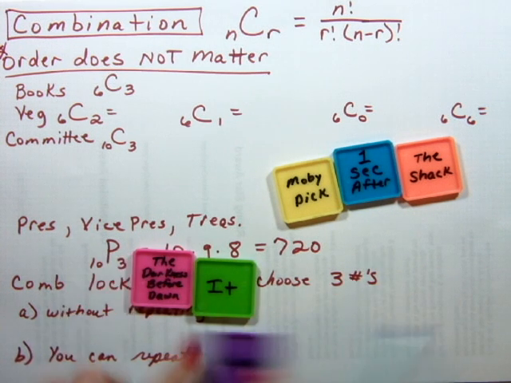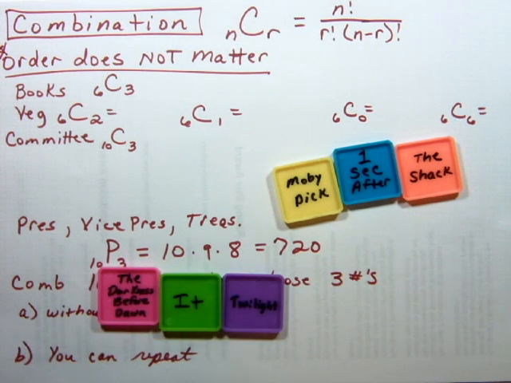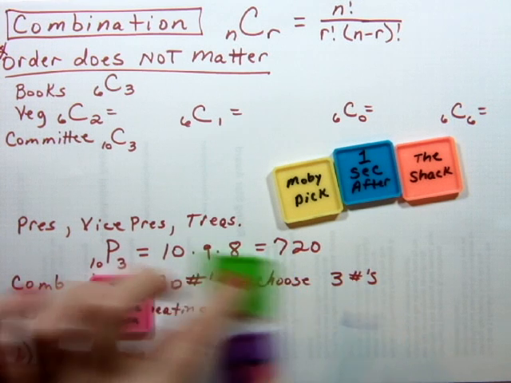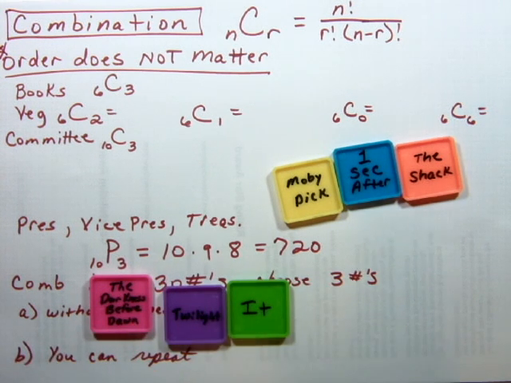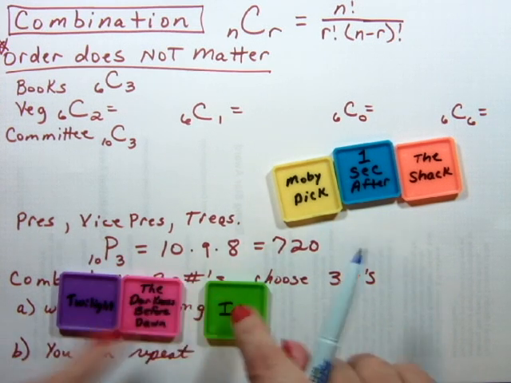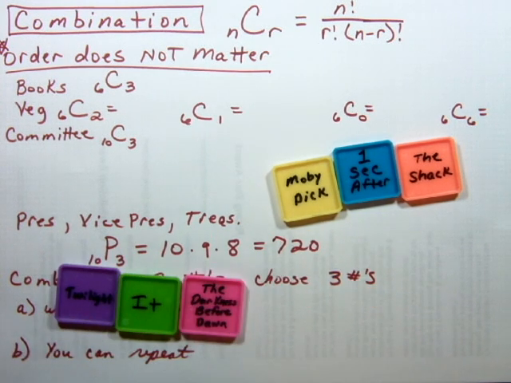That's the same 3 books as these. When I did my little underlines or my permutation, I counted this as something different than that. So this is a combination. Why? Because I only want to count this once. I don't care what order it's in. Those are the 3 books I'm getting.